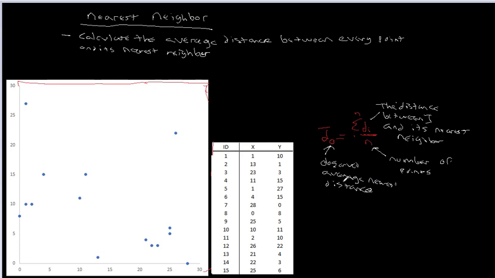Okay? And so I think it's helpful to go through a worked example of how this will work. In order to get this, we have to calculate the distance from one point to every other point, and then find the smallest value or the smallest distance.